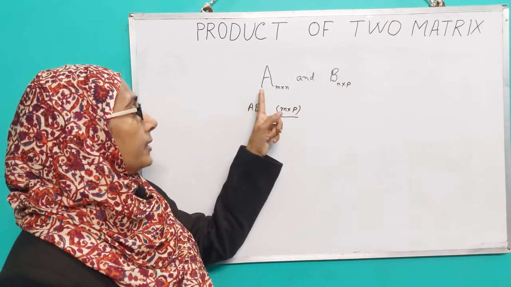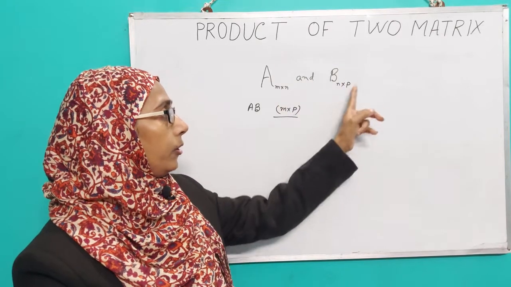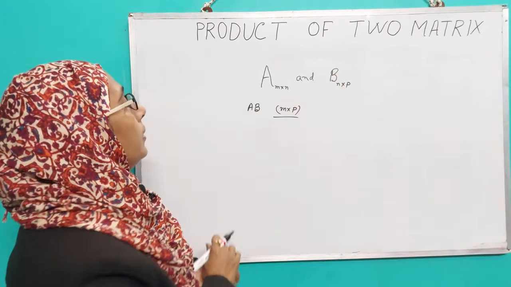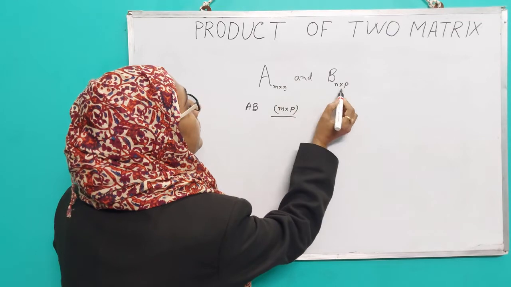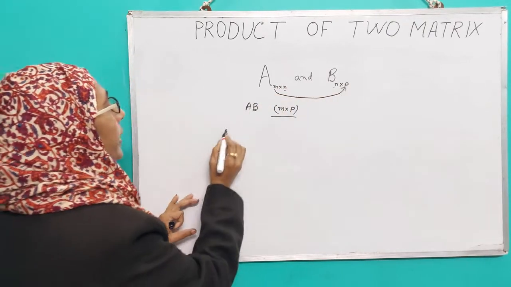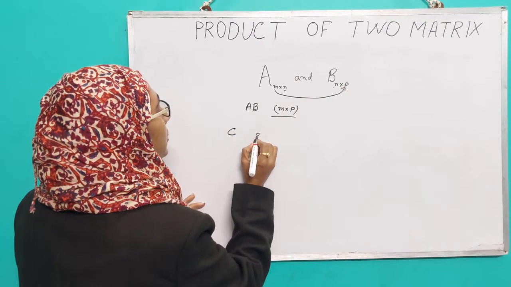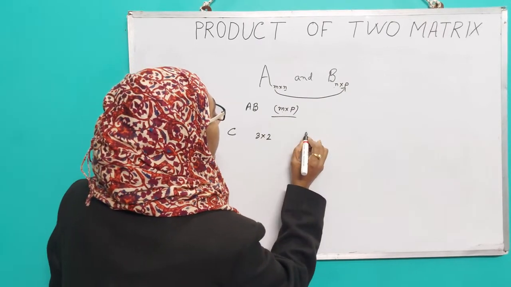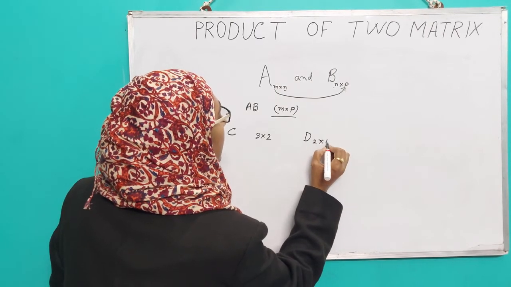If the matrix A is of order M by N and B is of order N by P, then their product AB will be of order M by P. Is it clear? Suppose a matrix C is of order 3 by 2 and a matrix D is of order 2 by 4.